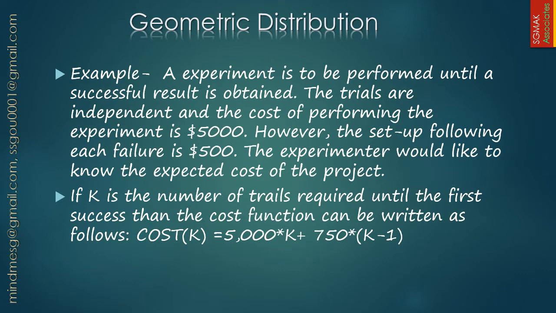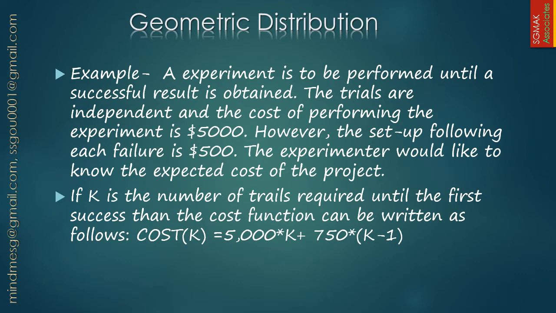So let's define K as the number of trials required until the first success. As you can see, this is an example of geometric distribution. We're trying to find out the probability that the first success takes place on a specific trial. The cost function in this case can be written as follows: if k is the number of trials required until the first success, then we had k minus 1 failures followed by success on the kth trial.